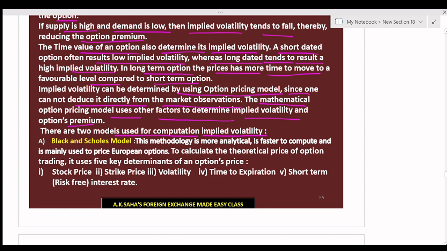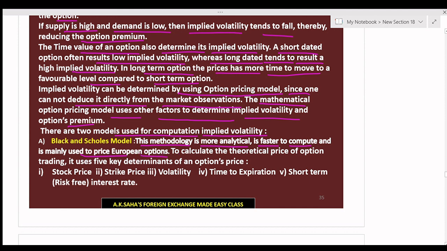Black and Scholes model. This methodology is more analytical and is faster to compute and mainly used to price European option.